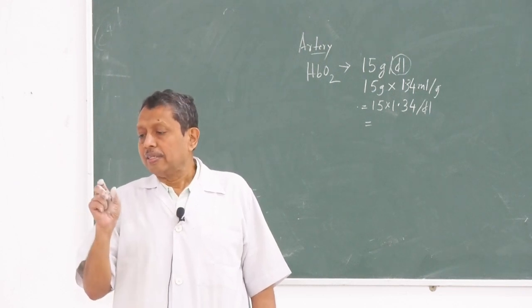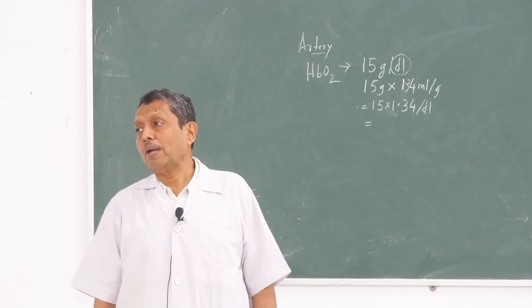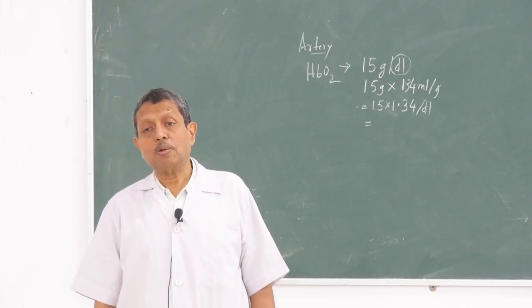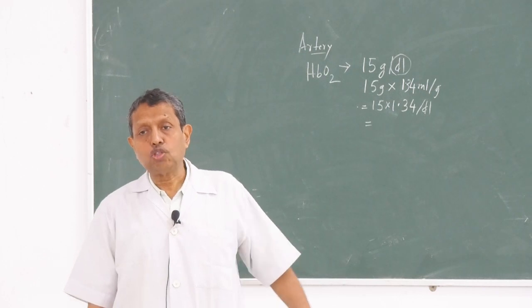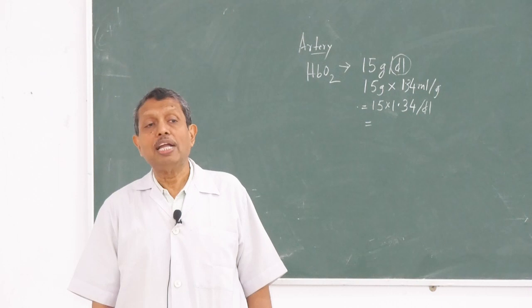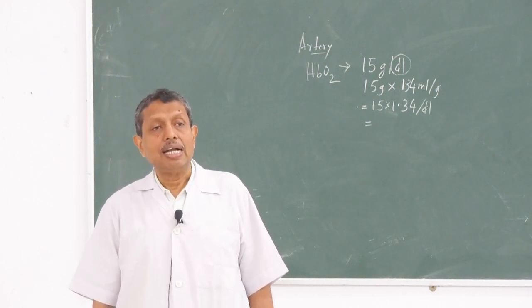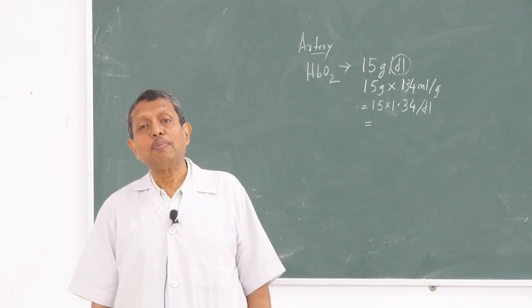So the clinically relevant value is 1.34 ml per gram of hemoglobin. Ideally it should be 1.39 ml, but not all the hemoglobin is in utilizable form. Iron may be in the ferric state, and so it is 1.34 ml.